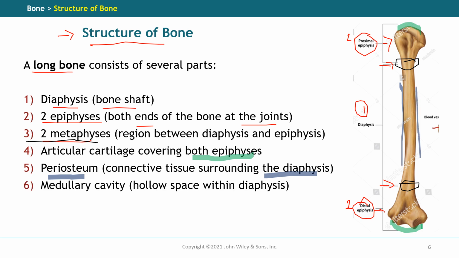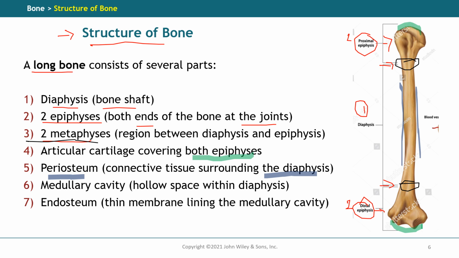The sixth one that we will discuss is the medullary cavity. So the medullary cavity will be the space within the diaphysis. So here, if you make a transverse cut, or we see this using a transverse or a columnar plate, you will see that here there is a hole.